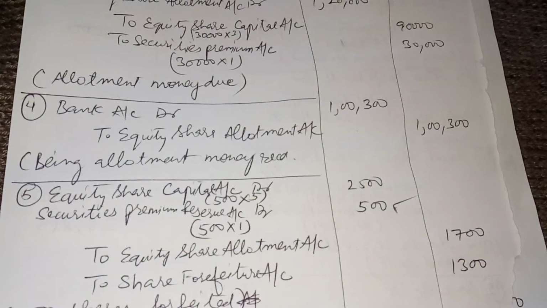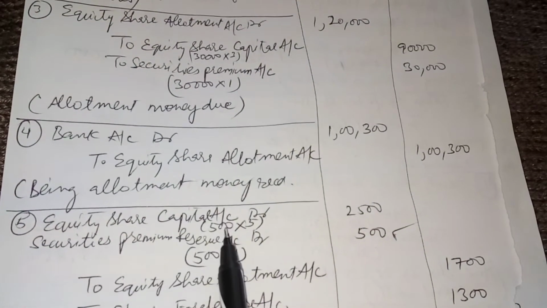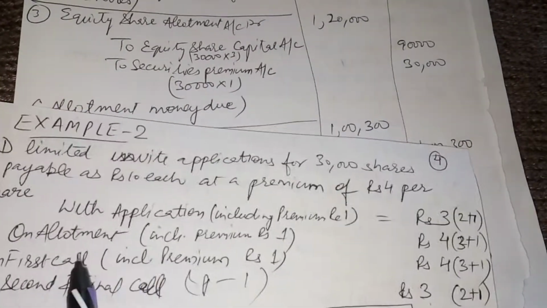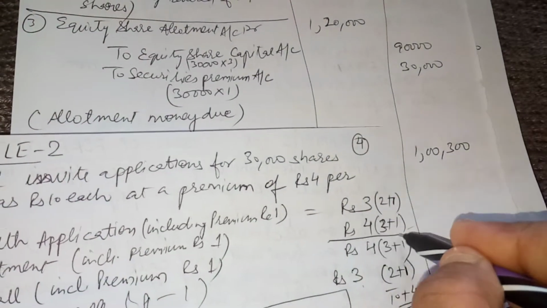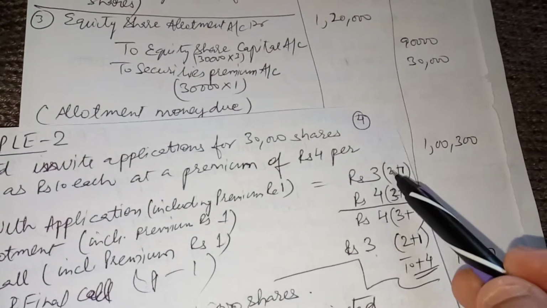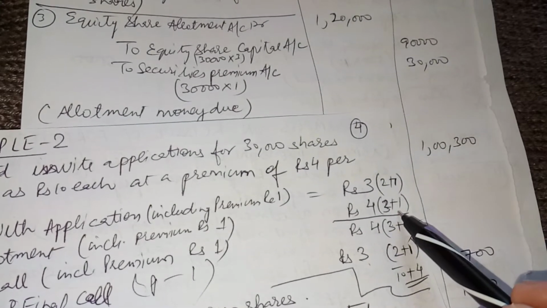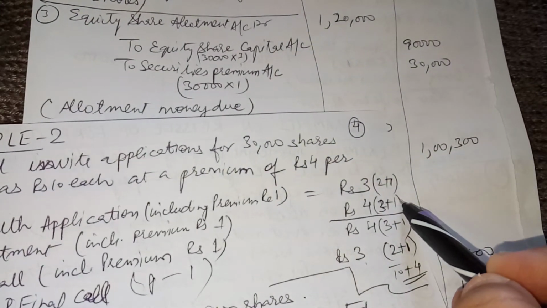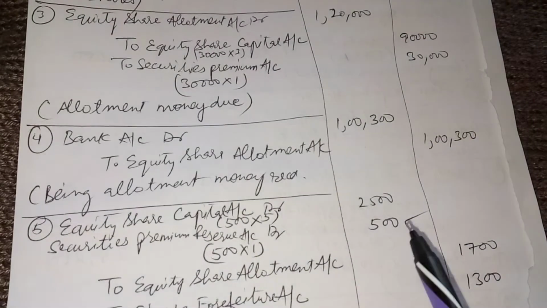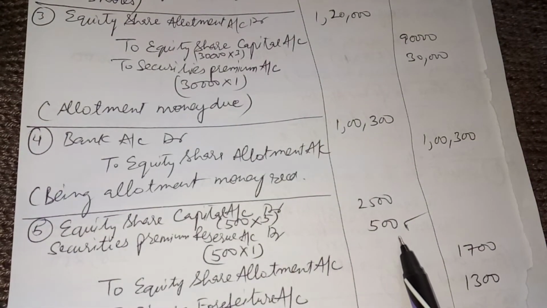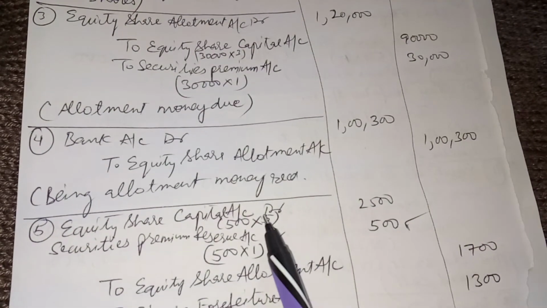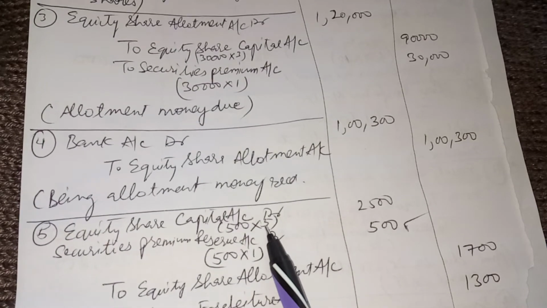Now how much money did we take as 500 by allotment? The share call money paid was up to the allotment. The share call money was 3 plus 2, that is 5 rupees, and 2 of premium was there, out of which he did not pay only 1. So only securities premium reserve account is debited with 1 rupee, and called up money was rupees 5 up to that moment.